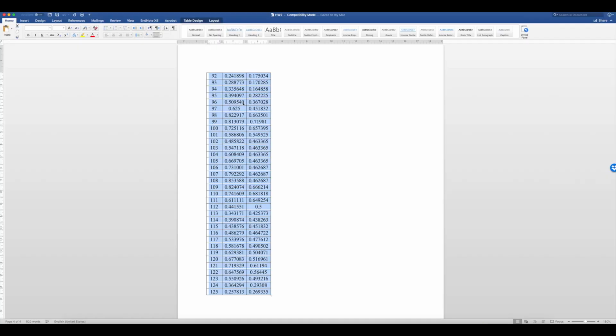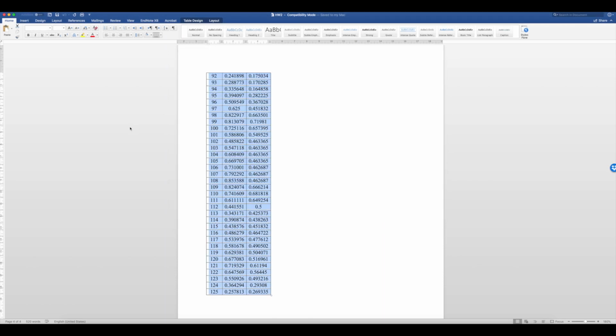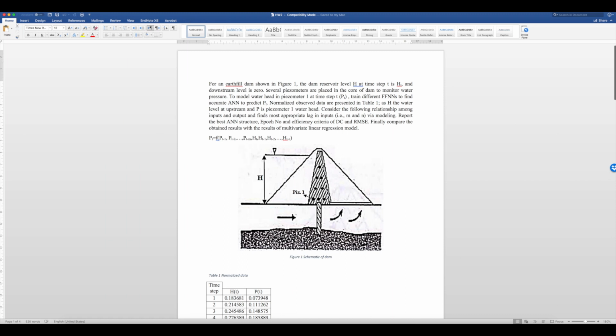First of all, we have to identify which lag I have to consider. Let me explain it like this. The example says which M and which N, which means up to which lag we are considering H and P in order to get the best performance or the best estimation of P at T. Of course, there are several methods.